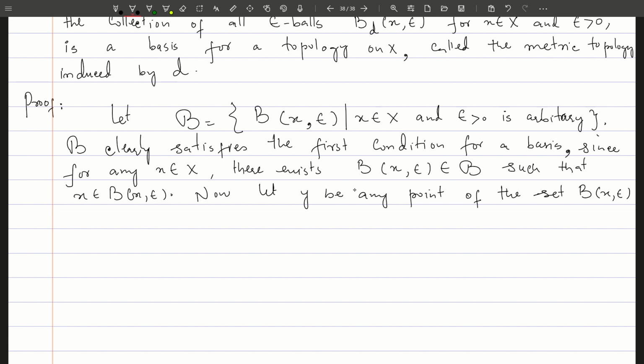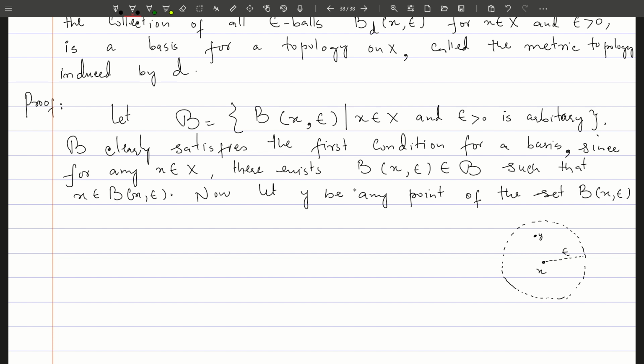So we have a set, an open ball, B(x, epsilon). This is the center x and this is the radius epsilon. Now let us pick some point y in this set. So this is the point y over here.